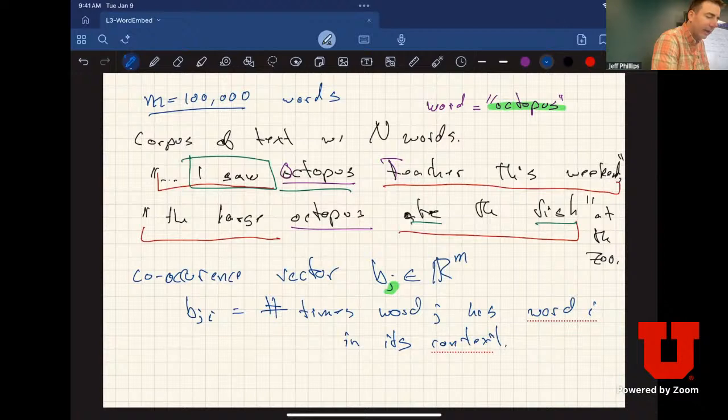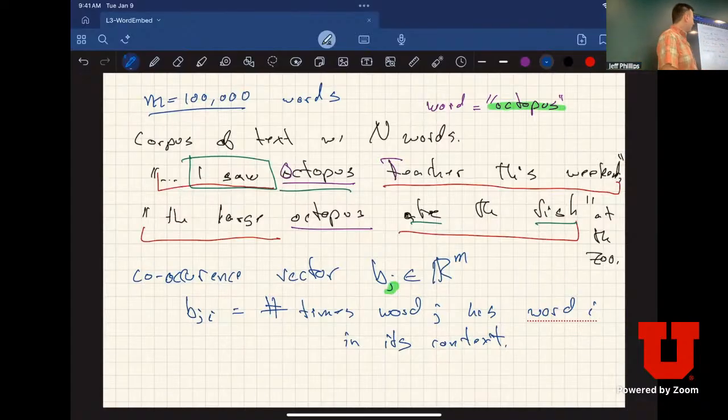So I'm going to look at all the instances of the word octopus and count how many times the word, let's say, the, appears in the context. In this case, I see it appearing twice in the same thing. So I would increment the counter b_octopus,the to be 2 because I saw the word the twice. The word large appeared once. I would increment this counter.